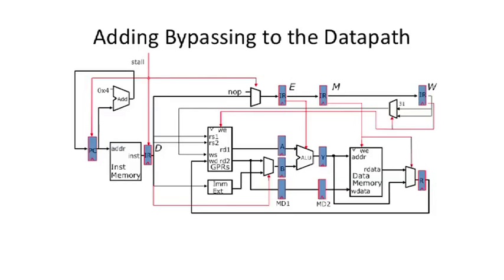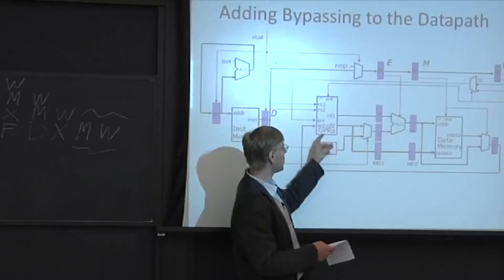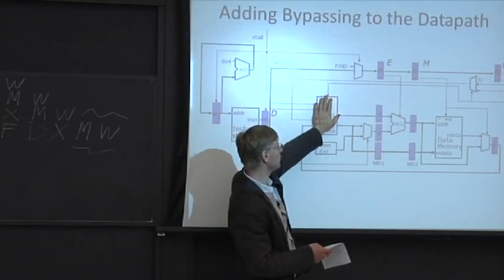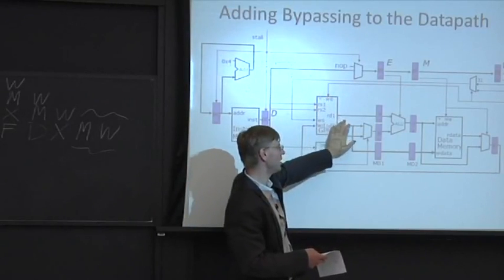So here we have our data path that we had from before. And what I'm trying to get at is you have the problem that you have an instruction here.